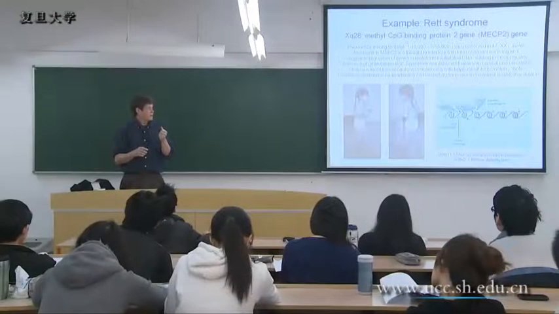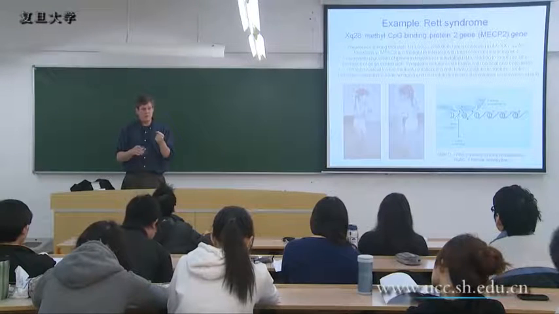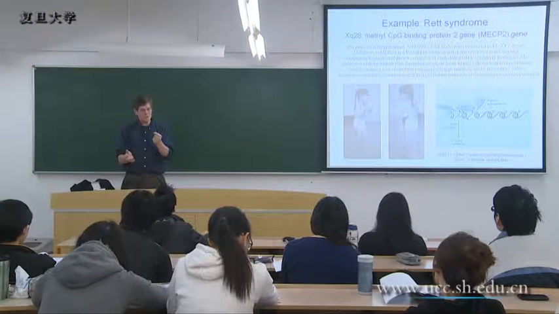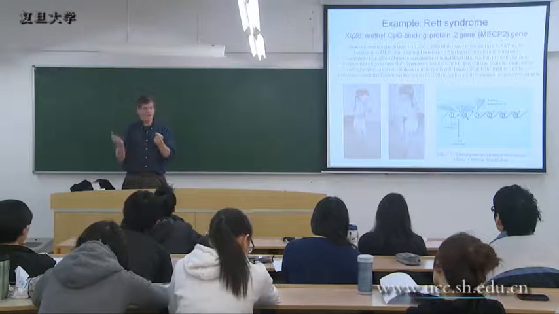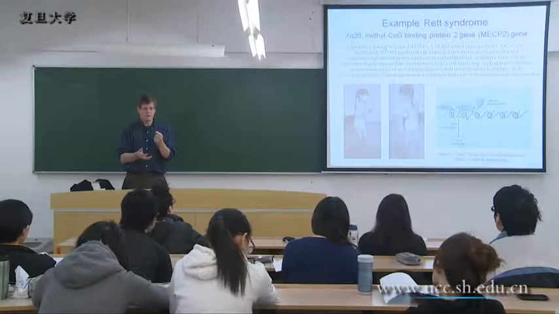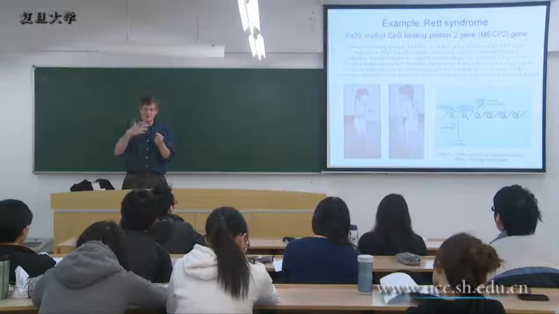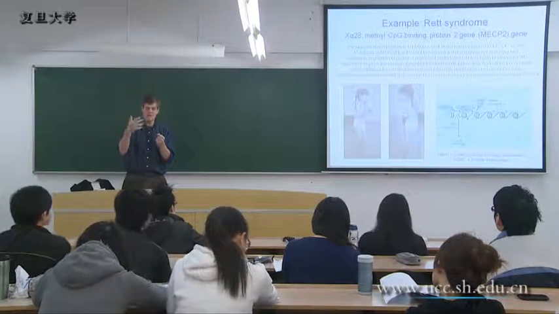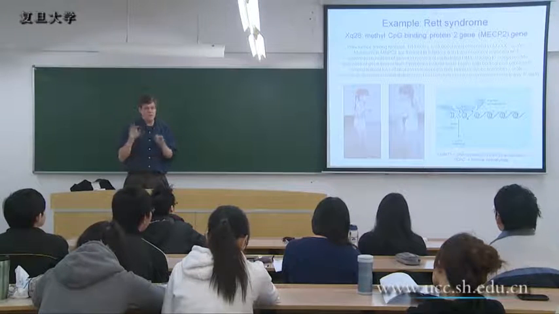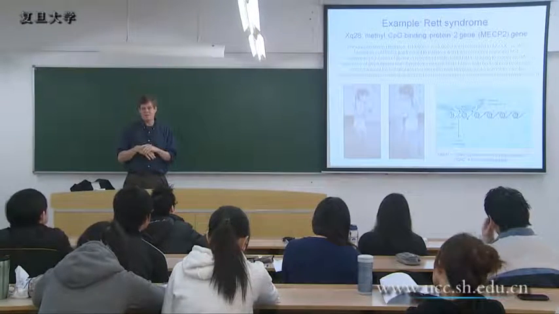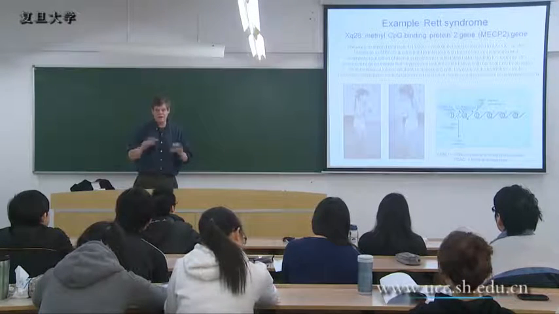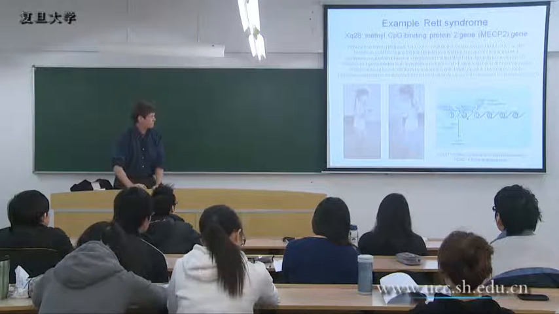Then if you're an individual where more of the paternal X chromosome has been inactivated, you're less severely affected by the disorder, because the majority of the cells have the good X chromosome present. So the severity of the disorder depends on that pattern and the ratio of X inactivation.